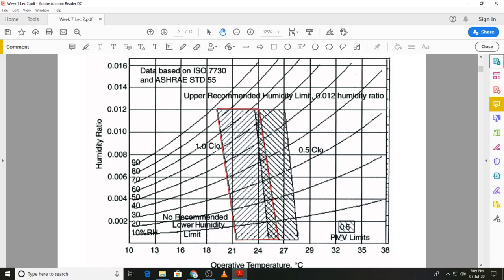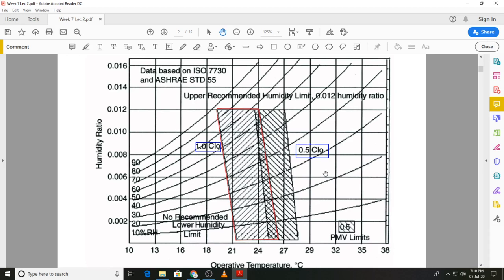And on the right hand side on the vertical axis, it's not shown over here, but we have the dew point temperature. Then you can see that there are certain other numbers shown over here. Of course, you have the relative humidity, but two other numbers we can see: 1.0 CLO and 0.5 CLO.